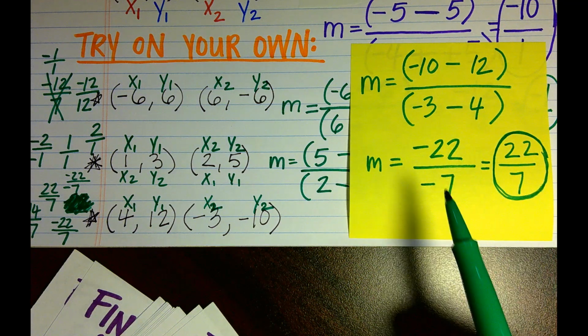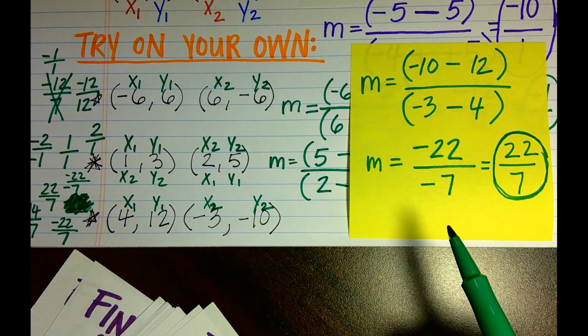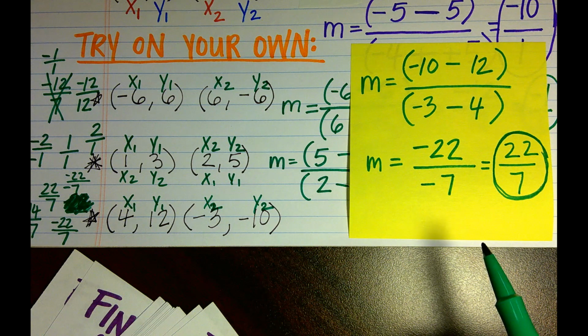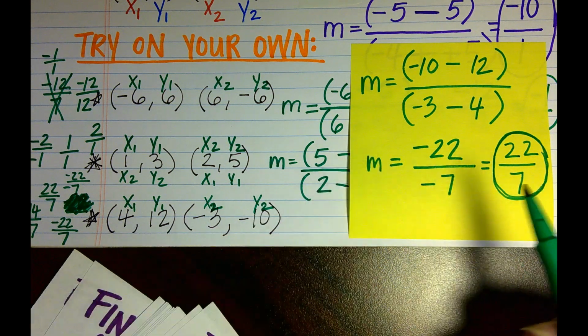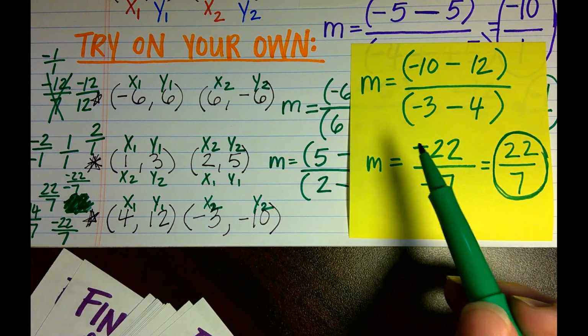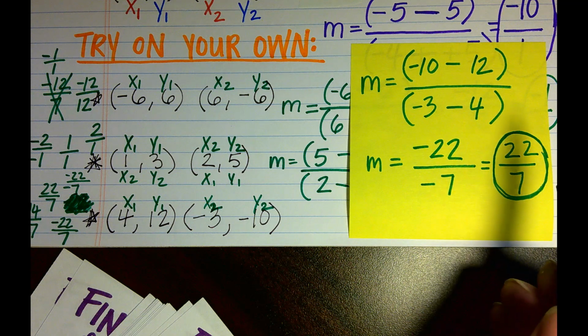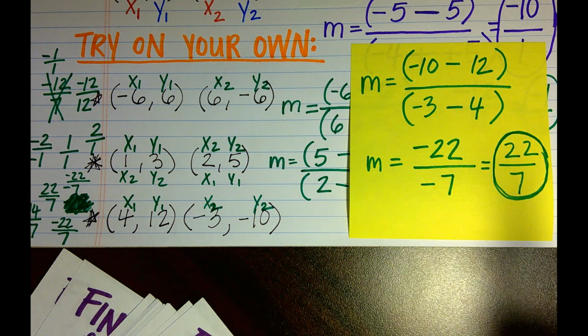Obviously, if you make that little mistake, I give you chances to make corrections. A half point won't kill your grade, but it is a good thing to get in the habit of knowing. If I have a negative over a negative, it turns into a positive. Okay, do we have any questions about this as a whole?